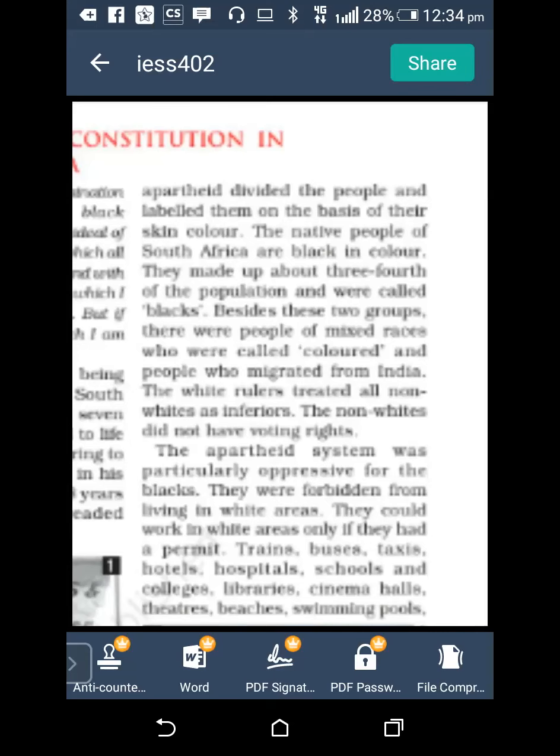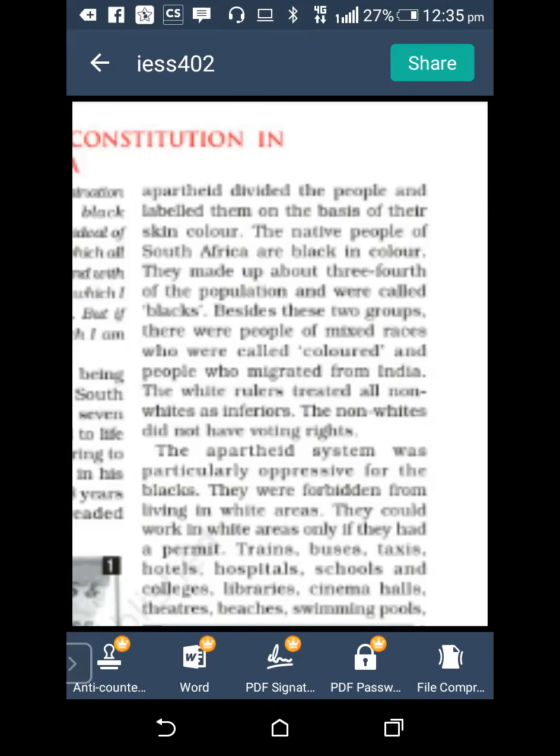Besides these two groups, there were people of mixed races who were called colored, and people who migrated from India. जो यहाँ से इंडिया से साउथ अफ्रीका में गए और दूसरे देशों से साउथ अफ्रीका में बस गए, they were called colored and black people. The rulers treated all non-whites as inferiors.